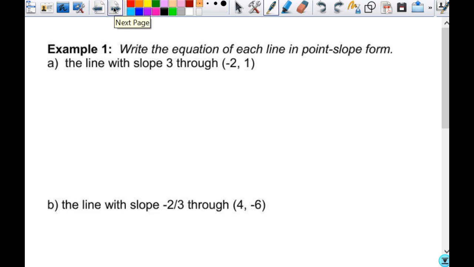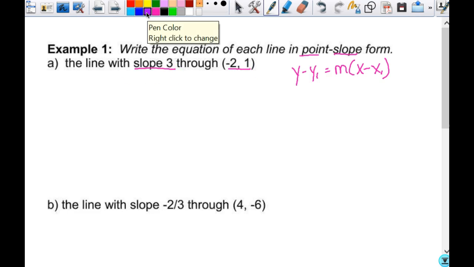Alrighty, so this says, write the equation of each line in point-slope form. So point-slope form, y minus y1 equals m times x minus x1. In order to write that, I need a point and the slope. Do I have a point and a slope? Yes, I do. Okay, so here's my point. Here's my slope.